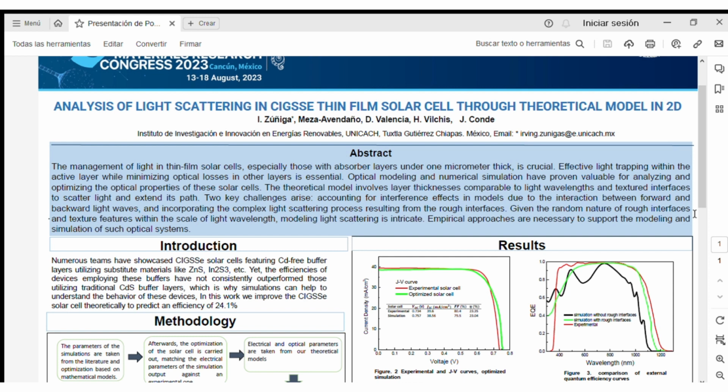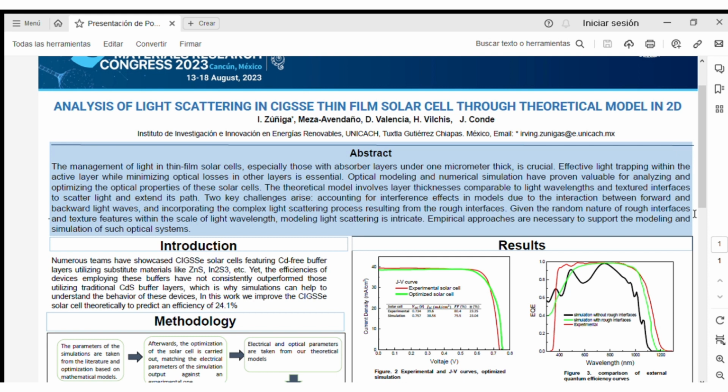The theoretical model involves layer thicknesses comparable to light wavelengths and textured interfaces to scatter light and extend its path. 2 key challenges arise: accounting for interference effects in models due to the interaction between forward and backward light waves, and incorporating the complex light scattering process resulting from the rough interfaces.